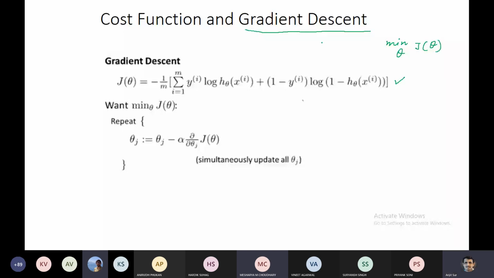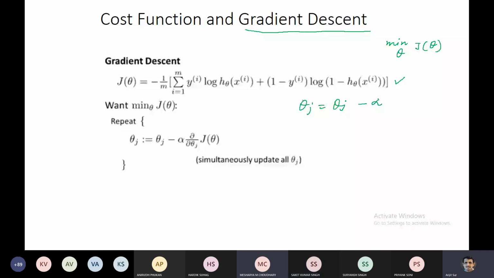Repeat: theta_j is equal to theta_j minus alpha times the derivative. What is this alpha? Learning rate. Very good, learning rate.